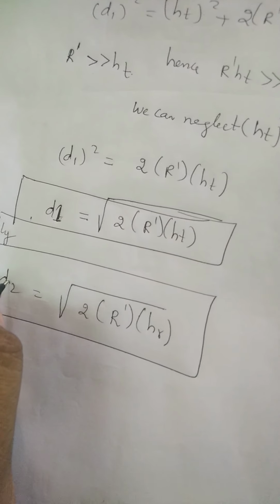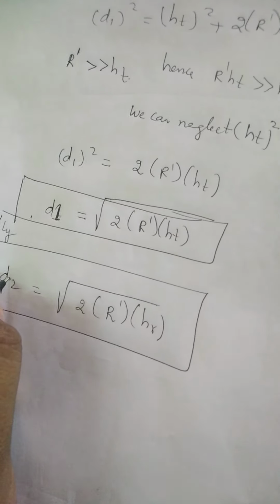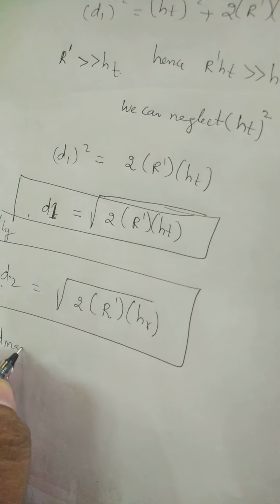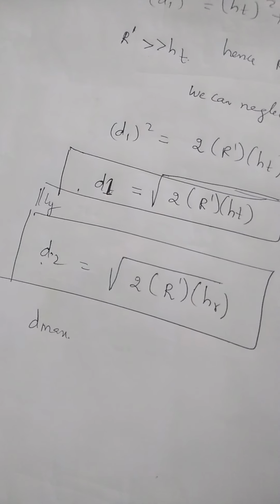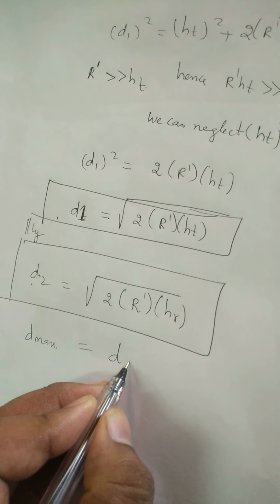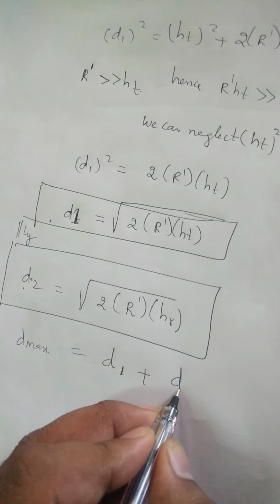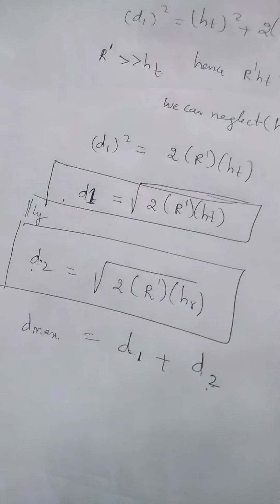So for the maximum radio range, how can we get D max? We want to obtain D max. So what can we write? D max is equal to the distance D1 from the height of the transmitter and the distance D2. You can consider both distances D1 and D2, and we can obtain D max.